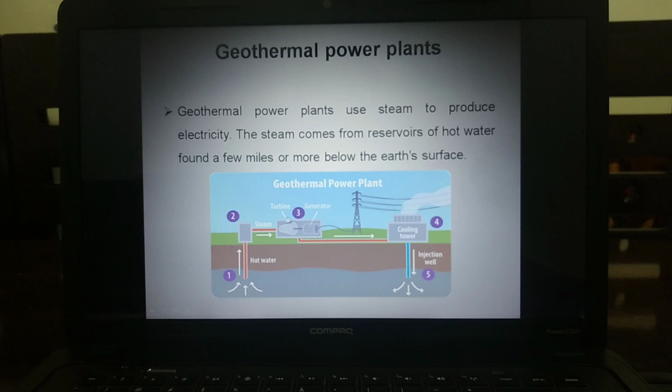As the turbine rotates, electricity is produced from the generator. The steam from the turbine goes to the cooler where condensation takes place. The cooled water returns to the underground earth through the injection well.